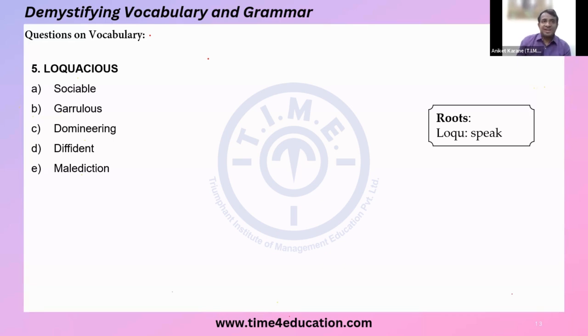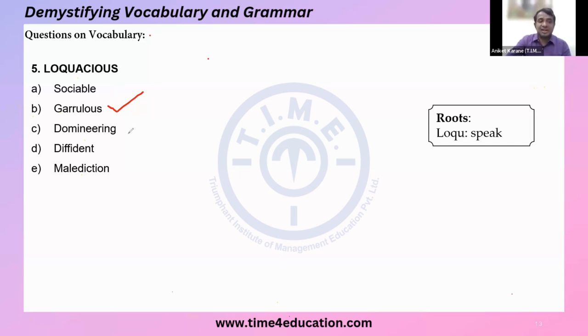For being friendly with others, you need not be a talkative person. Understood? Being sociable is more of a quality where you can not be talkative and yet be sociable with the person. You can be friendly with them, right? So talkative is what the word should be, and the synonymous word there is garrulous. So the answer will be B and not A. A was there to confuse you guys.